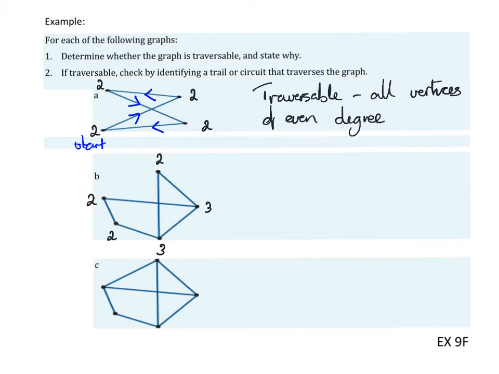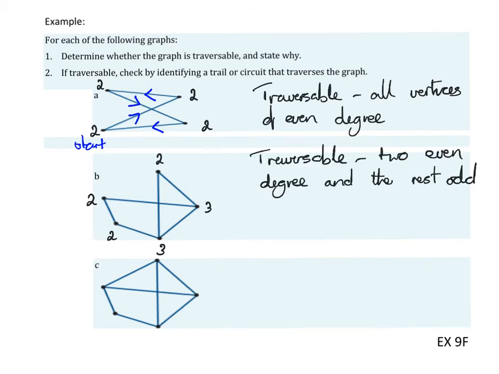So it is traversable. All right, for this one, I might start here and I'll go this way, this way, this way, this way, and that way, and up there, which means that my graph has used every edge only once. Remember, this is not the only trail I could have taken, but it is one of many.